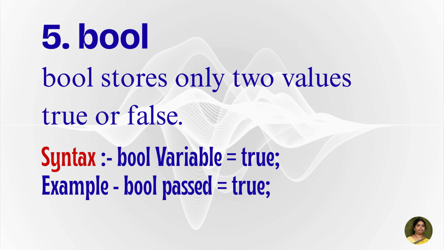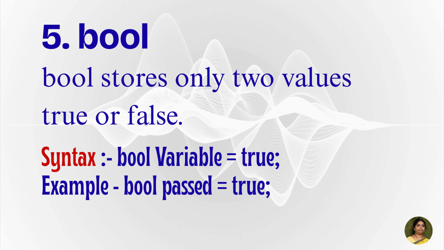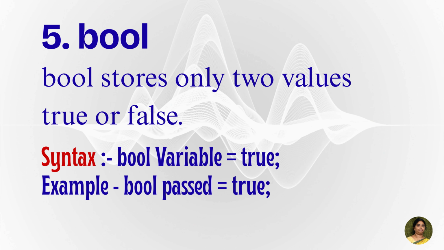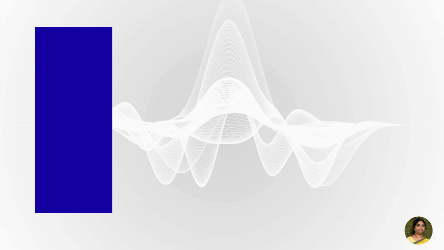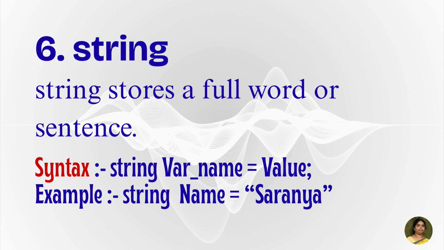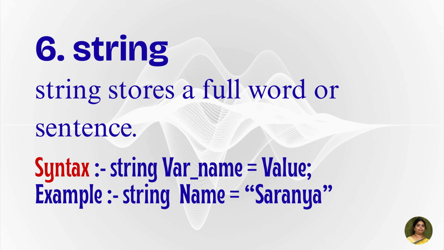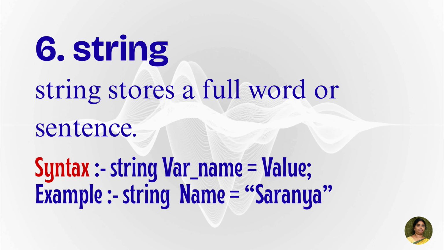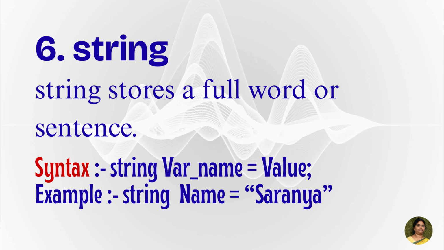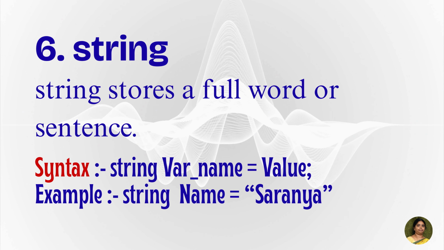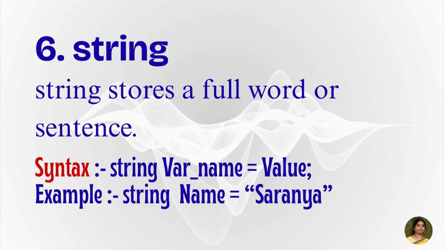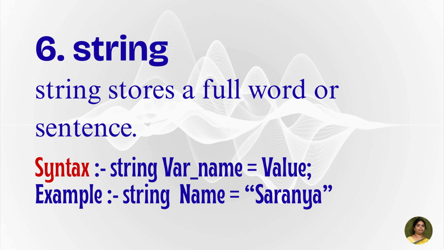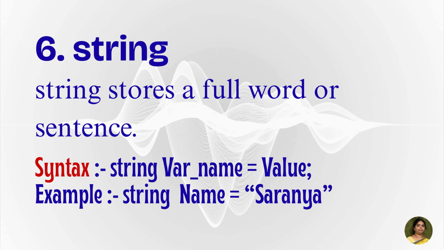For example, syntax: bool variable name = true, or bool variable name = false. The sixth one is string. String is used to store text, words, or sentences, like string name = "Saranya", or string name = "Rahul". Always remember that a string will always use double quotation marks to store its value.